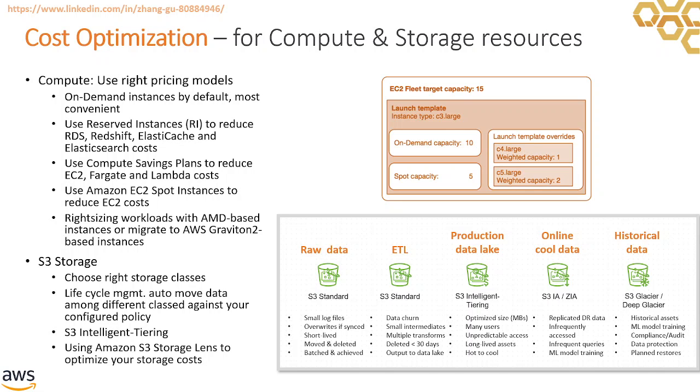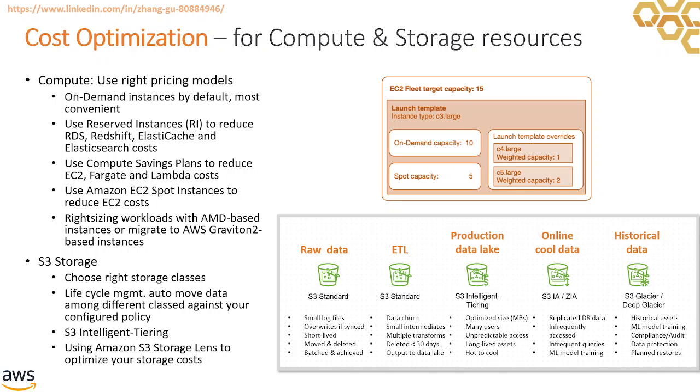You may consider using AMD-based instances or migrate to AWS Graviton2-based instances as well. Feedback from customers said that they saved 10% to 40% on computing costs by hosting on Graviton-based servers.